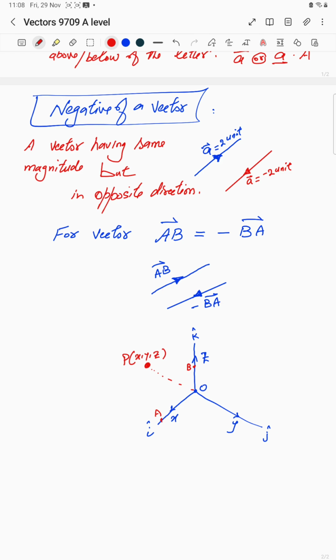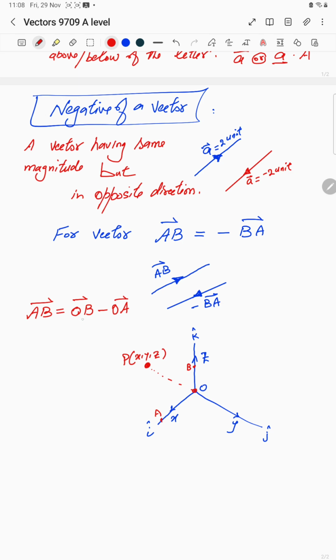So we can say vector AB can be written as the position vector of B, that is always OB. We always take the position vector from the origin O. So OB minus OA is the vector AB.